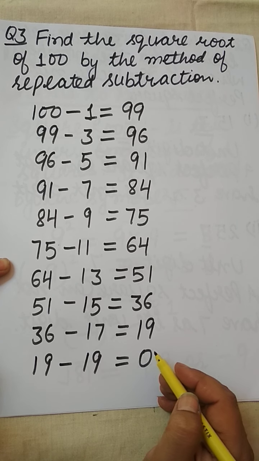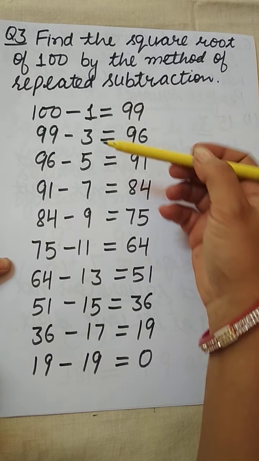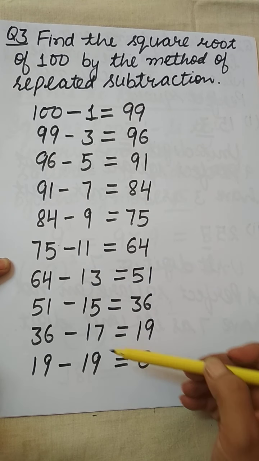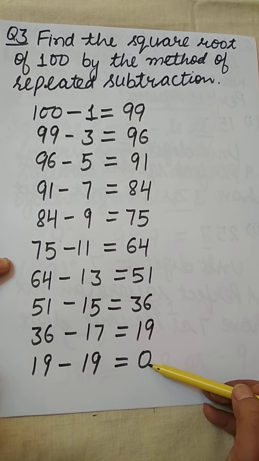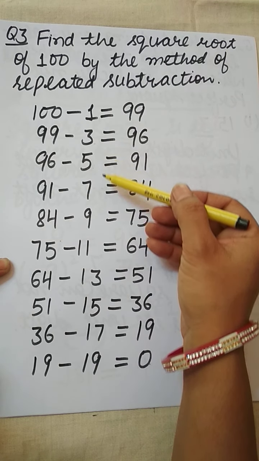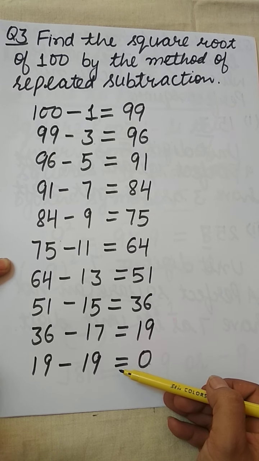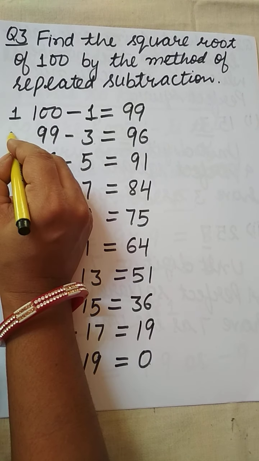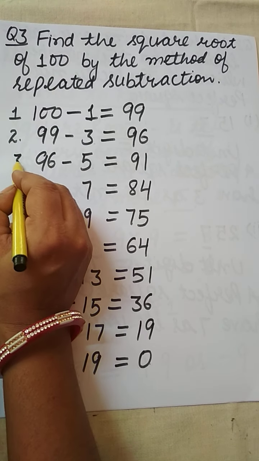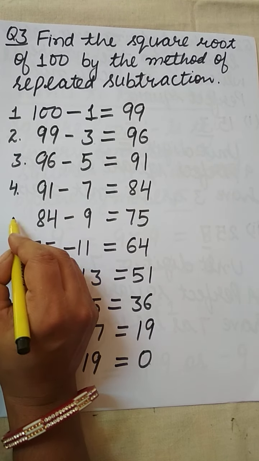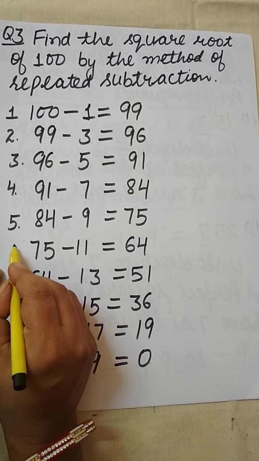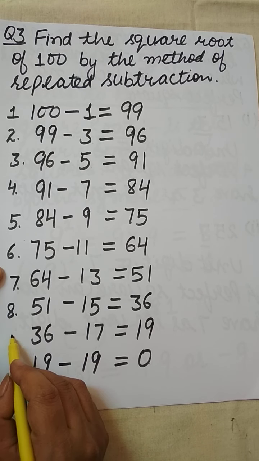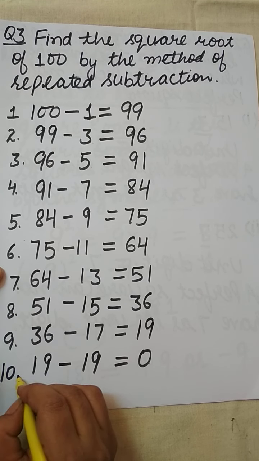Students, in this question, we subtract the odd natural numbers until we get the answer 0. Now we will count in how many steps we get the 0. This is the first step, second, third, 4, 5, 6, 7, 8, 9, 10.